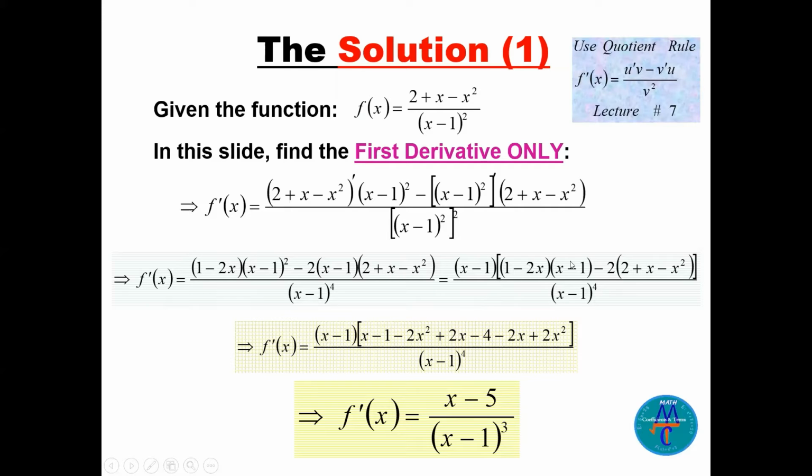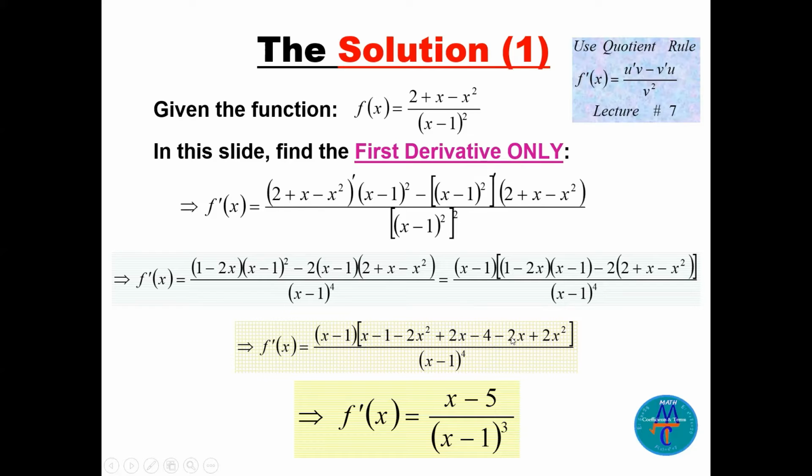Let's multiply inside the bracket. This is a FOIL method. So 1 times x will be x minus 1 minus 2x squared plus 2x. And this one here, multiply minus 2, distribute on this. It will be minus 4 minus 2x plus 2x squared. Now you cancel x squared. X minus 1 here cancels with 1 of the x minus 1, so it becomes x minus 1 cubed.